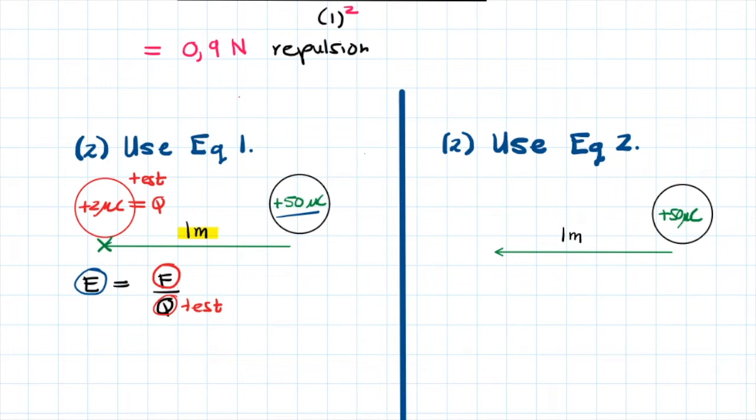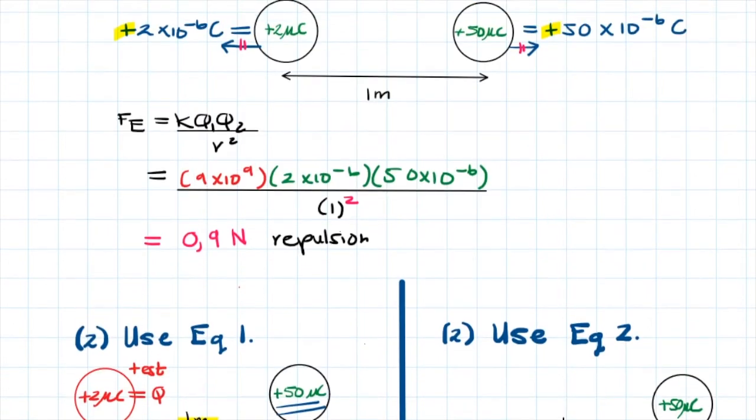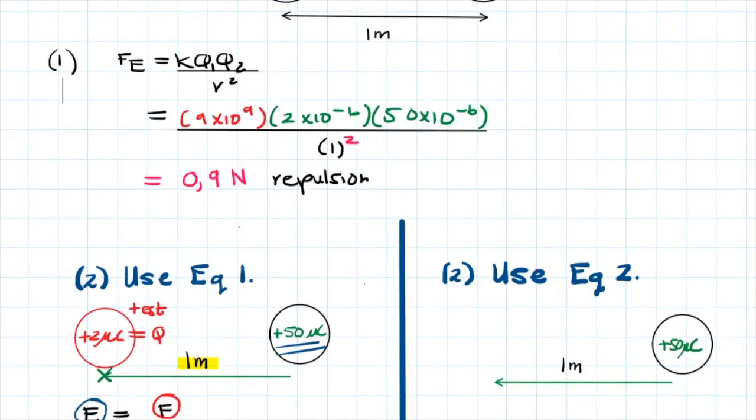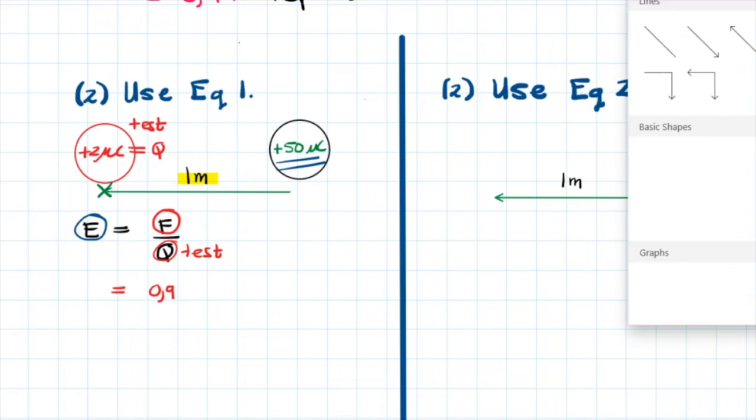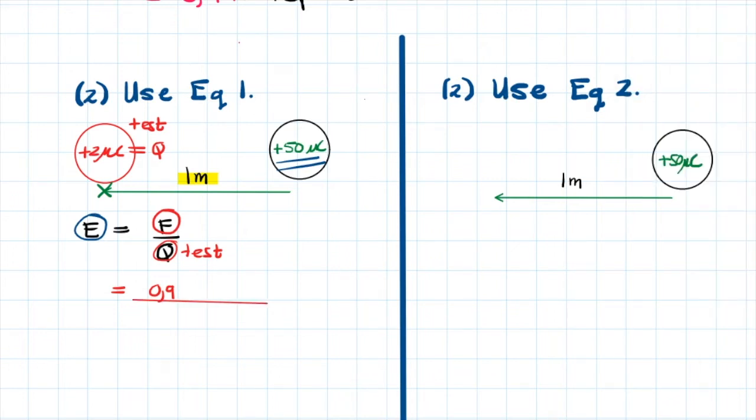But the next question is, do we know the force that this charge will experience as a result of the positive 50 microcoulomb charge? Well, in the previous question, question number 1, we calculated the electrostatic force that each charge experiences as a result of the other. So we know that the positive 2 microcoulomb charge is going to experience a force of 0.9 newtons. Its charge is equal to positive 2 times 10 to the negative 6.